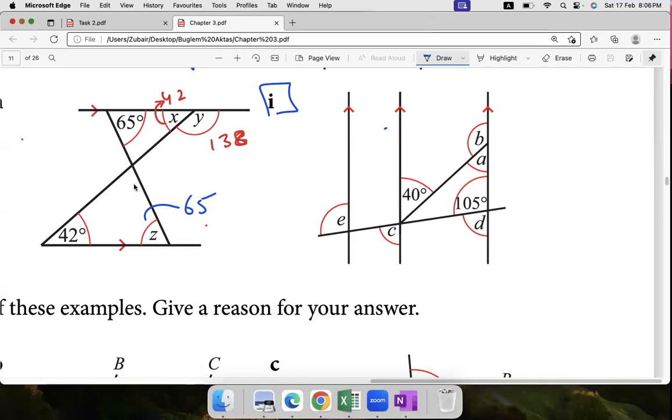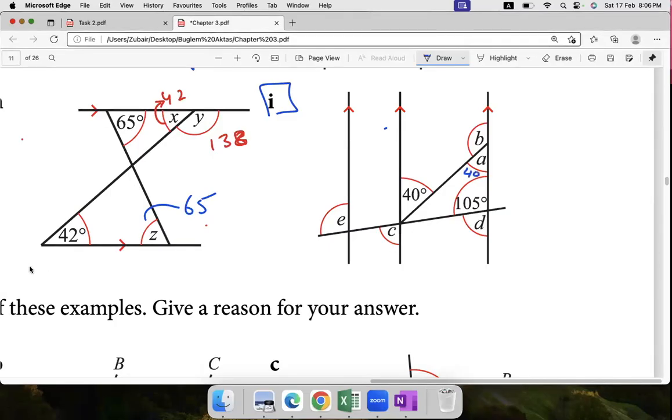Okay, go for A first. Oh, yeah. 40. Correct, because it's an alternate.